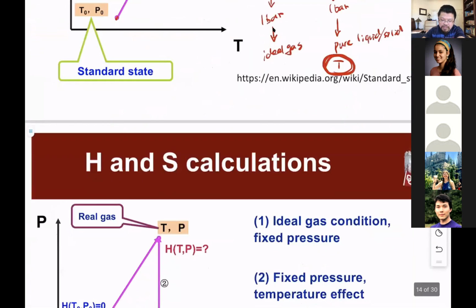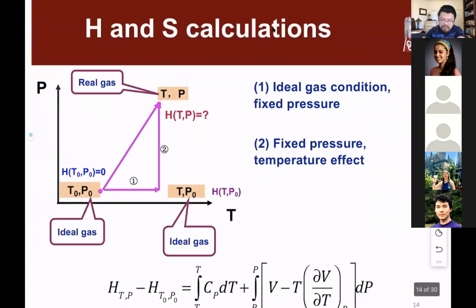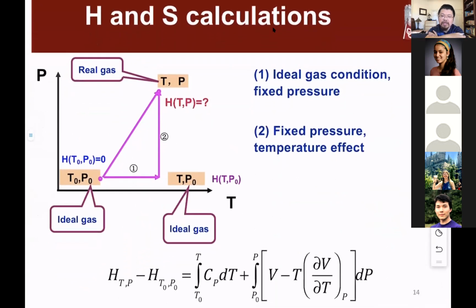So now if I put together this slide, I hope you are not surprised at all. There is nothing special. We still hope to move from the initial state, and now we try to take advantage of the standard state.